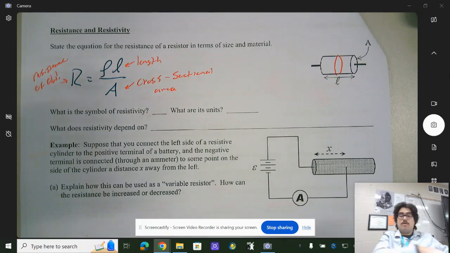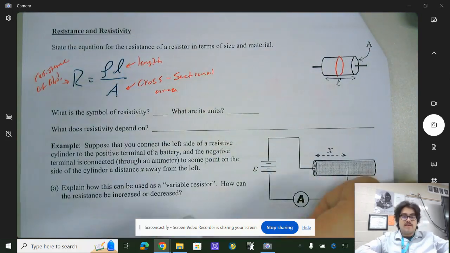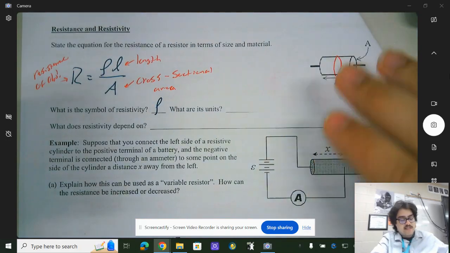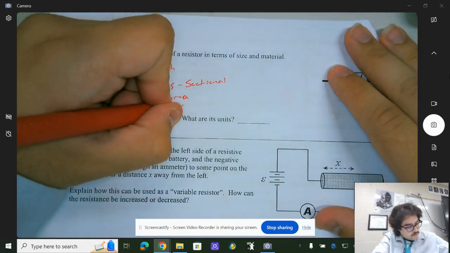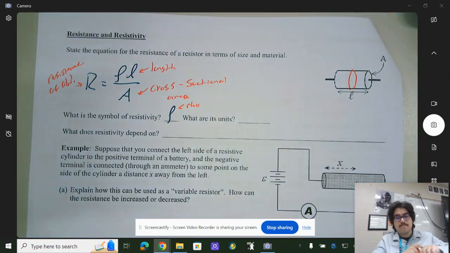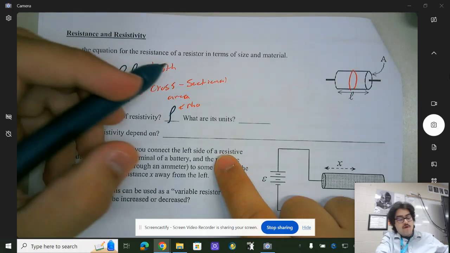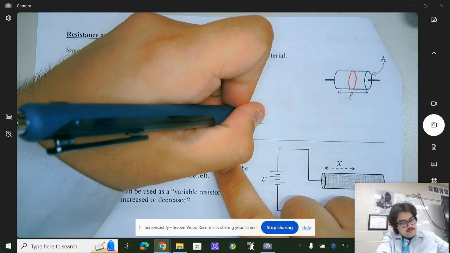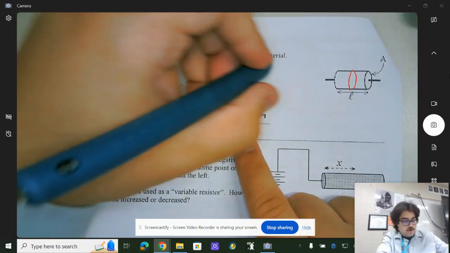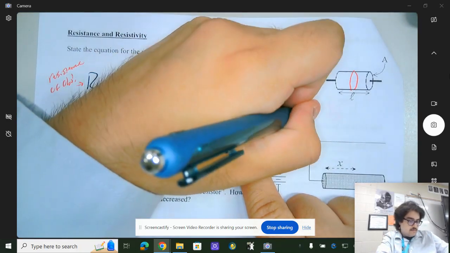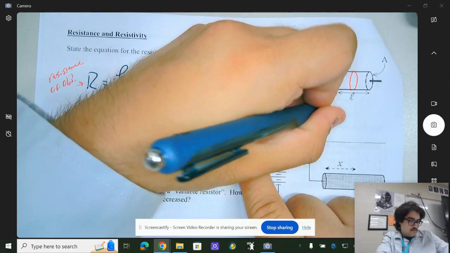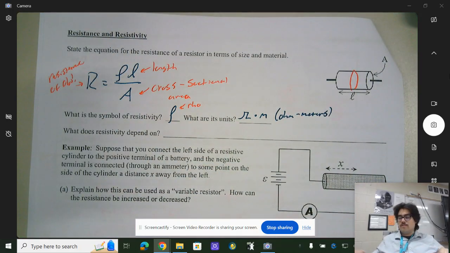Now, resistivity is what rho is. Rho is resistivity, spelled RHO. The units for rho are what we call ohm meters, and that is terrible. Ohm meters. How exciting, right?